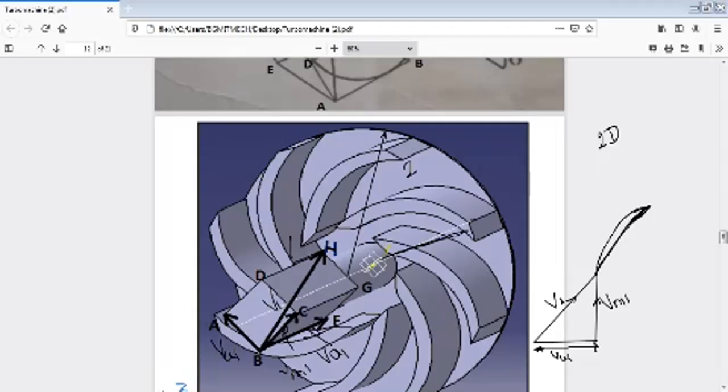And here one more thing, this is a radial flow machine. For radial flow machine, I have drawn like this.